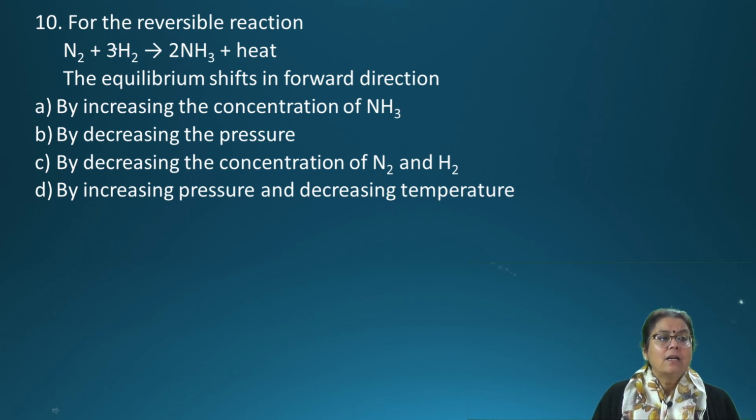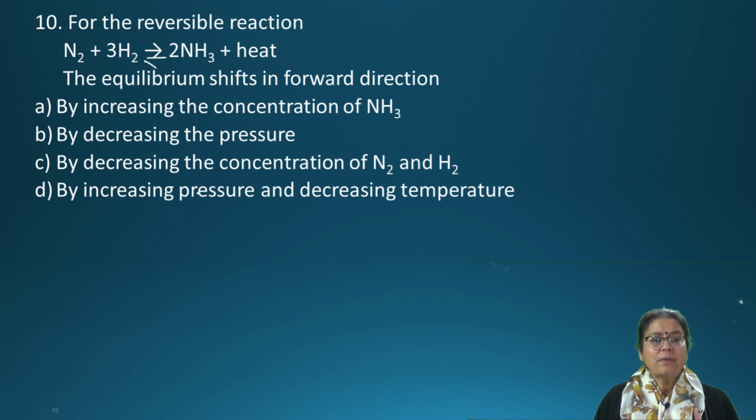Question number 10. For the reversible reaction N2 plus 3H2 ⇌ 2NH3 plus heat, the equilibrium shifts in the forward direction by increasing the concentration of ammonia. नहीं, फिर तो रिवर्स में चला जाएगा। This is a reversible reaction guys. By decreasing the pressure, प्रेशर हम डिक्रीज करेंगे तो increasing pressure will take us according to the Le Chatelier's principle in the forward direction. By decreasing the concentration of N2 and H2, so that will also take the reaction backward.